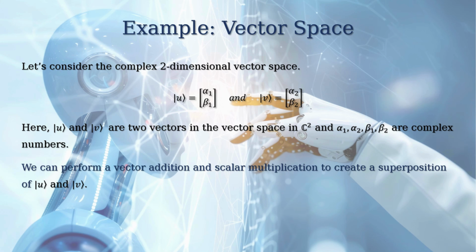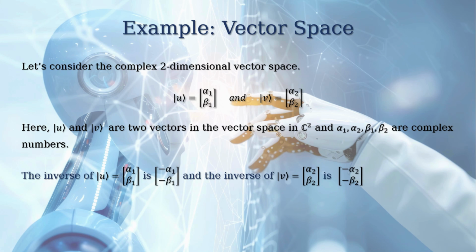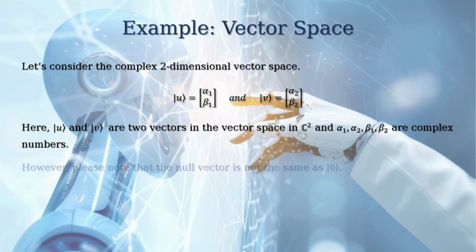We can perform a vector addition and scalar multiplication to create a superposition of ket u and ket v. Let's look at the inverses of ket u and ket v. Please note that the null vector is not the same as ket 0.